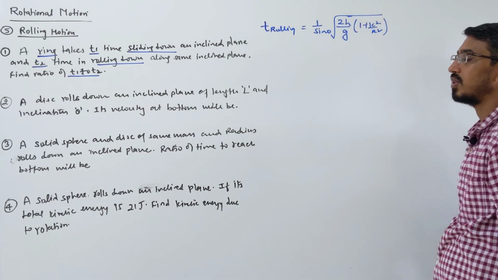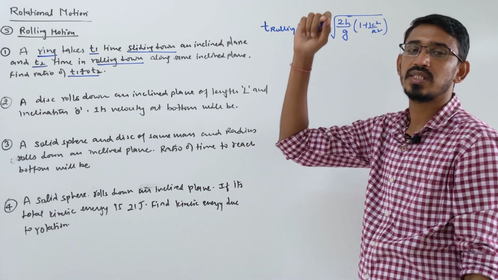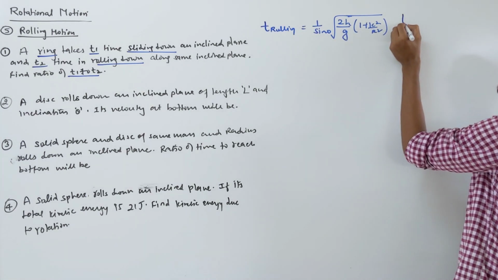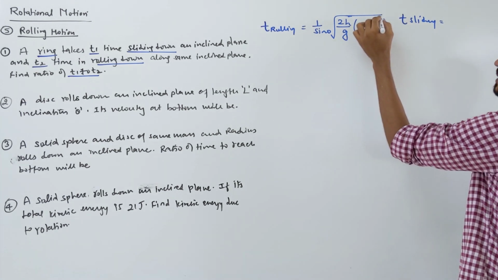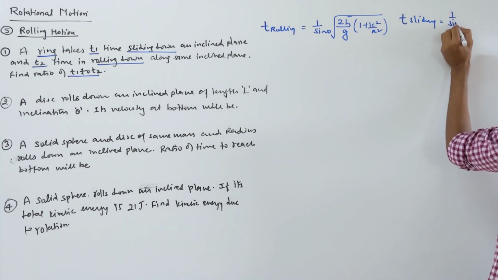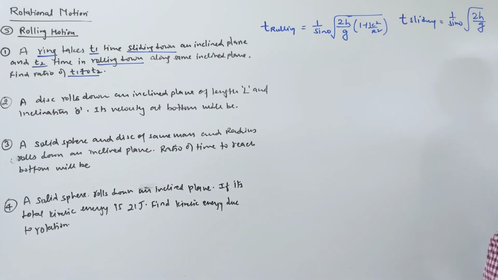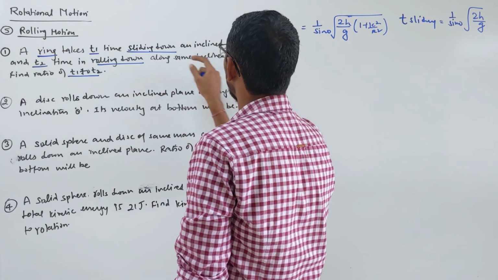This is the answer in the case of rolling. Then I told you for sliding, you just have to make the k square by r square term 0. So the time for sliding will be just 1 by sine theta times 2h by g; this much only will be remaining, right?